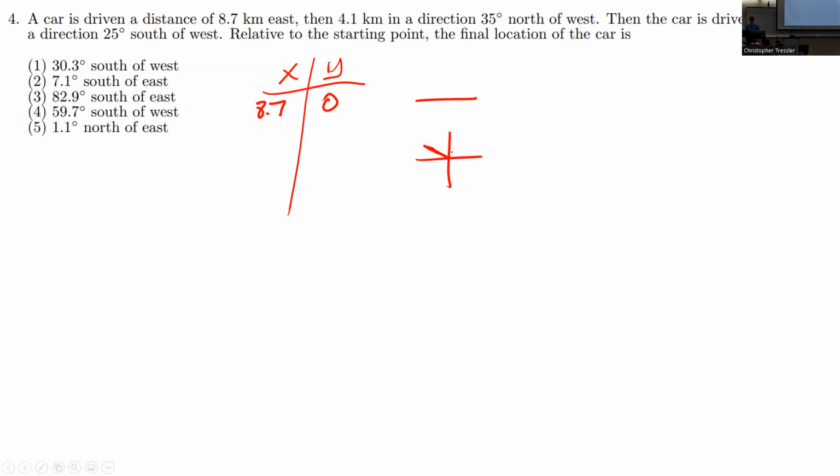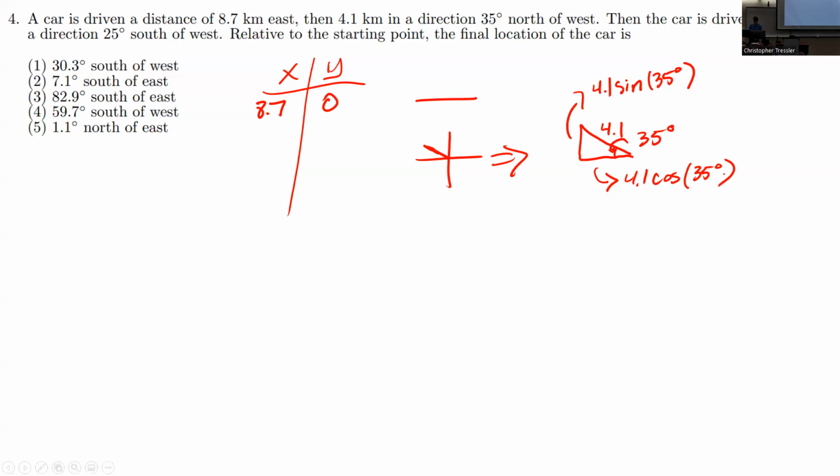So that's what we drew. Now I'm going to put this over here and blow it up. So basically we have 4.1 and we have a triangle, and right here this angle is going to be 35 degrees. Now notice that in order to get the y component, if we did the trigonometry from geometry, the y will be 4.1 sine of 35 degrees, and the x will be 4.1 cosine of 35 degrees.